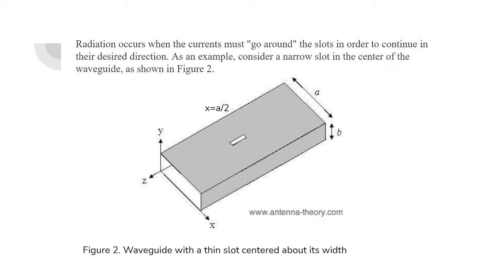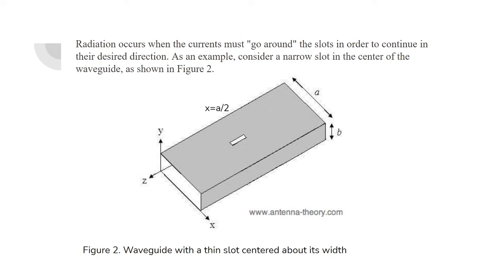However, at this location, X equals a over 2, the X component of the current density is 0. So no current, and therefore there will be no radiation. As a result, slots cannot be placed in the center of the waveguide, as shown in this figure.